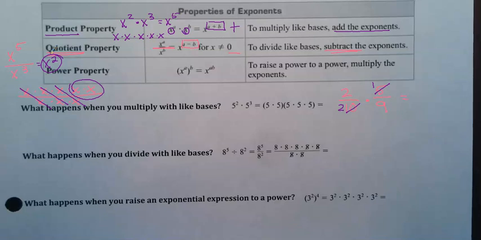All right, the last one is this power property. So that's when we have x to the power of a, and it's raised to another power. Okay, so if we had x squared to the power of 3, what do we do with those exponents? It's the same thing as to the power of ab.